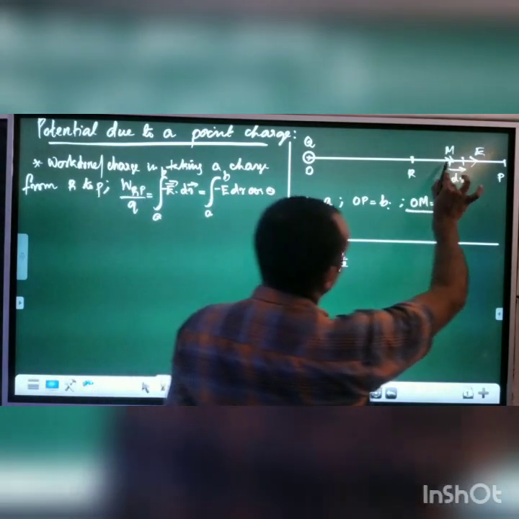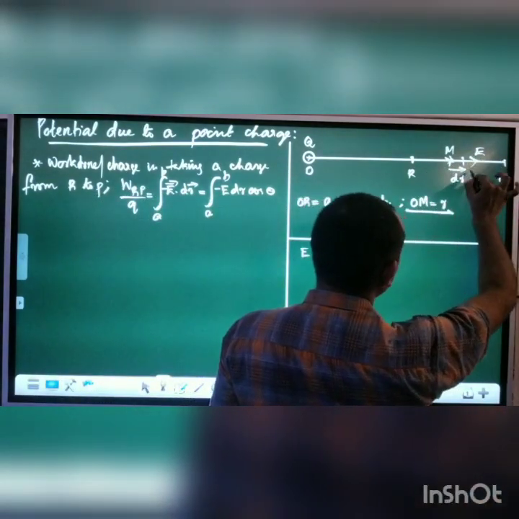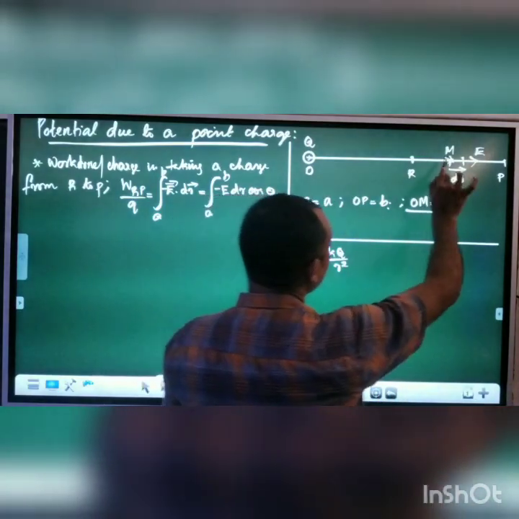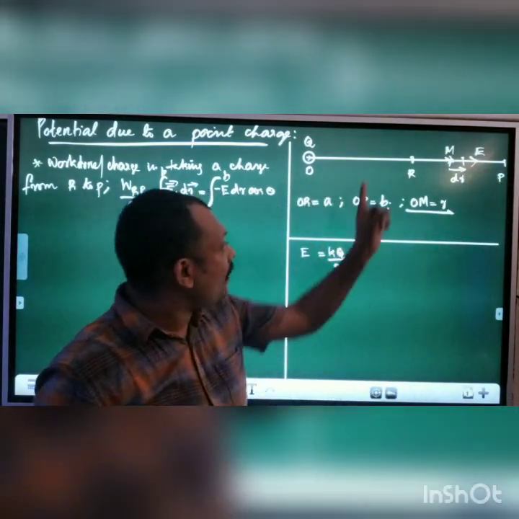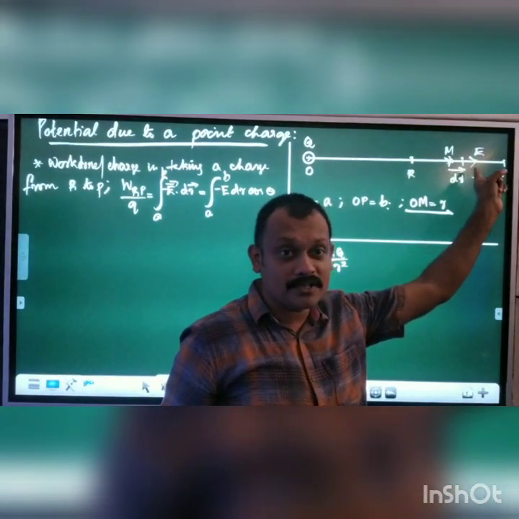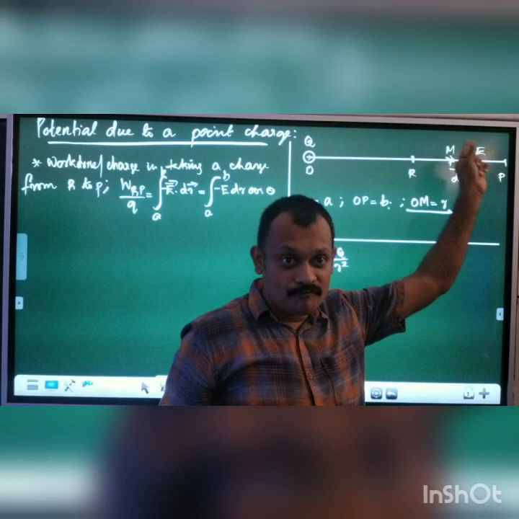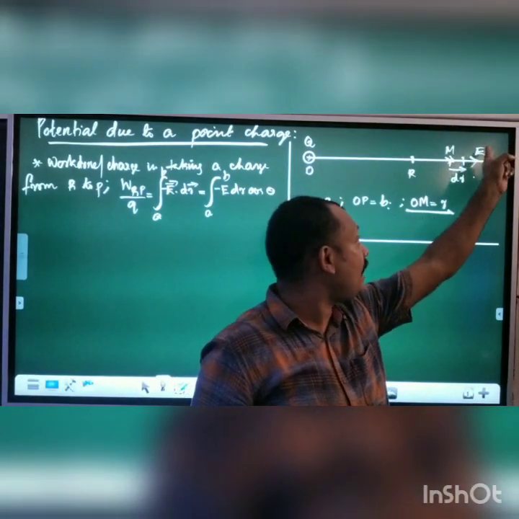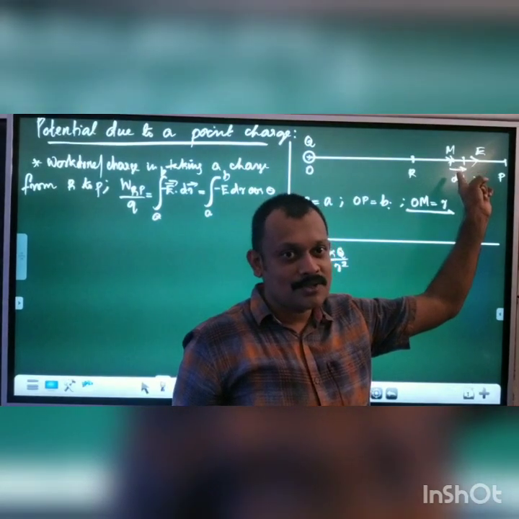What is the direction of this E? Directed radially outwards. We are taking the charge from R to P, so the displacement is also in the same direction as E, which means the angle between the vectors E and dr is 0 degrees.